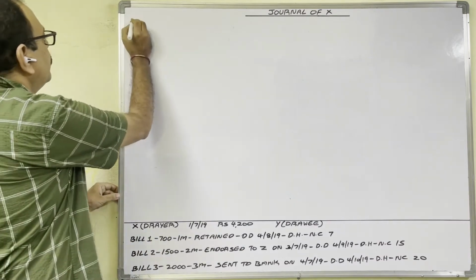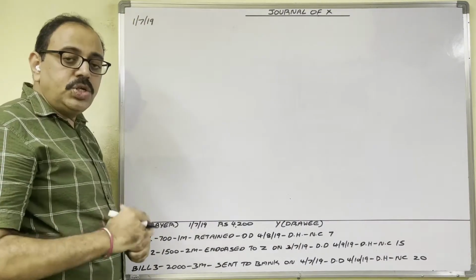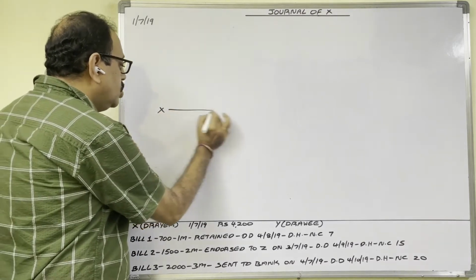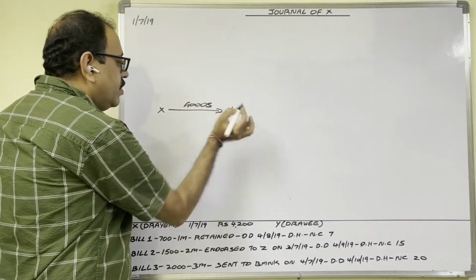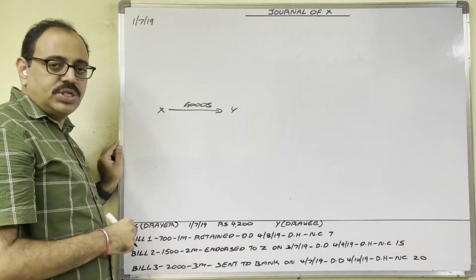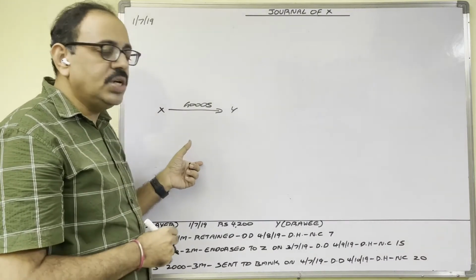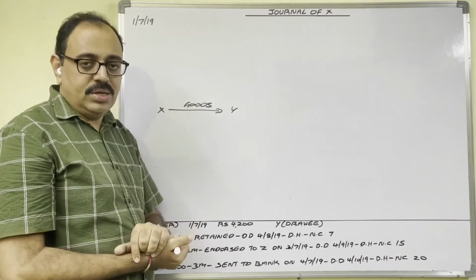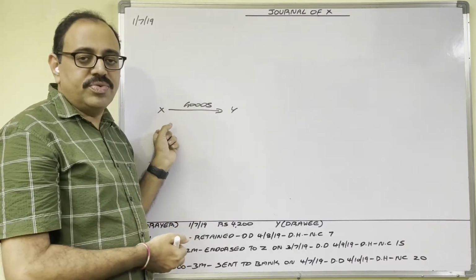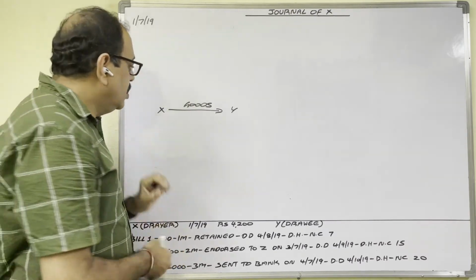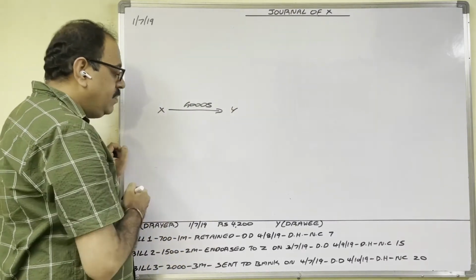For that, the first entry we should write: X sold goods to Y. So from X, goods are going to Y, and this is a credit sale. It need not be given in the question. In bills of exchange, the drawer always sells goods to the drawee on credit only. That is why he needs a proof of return, and that is why he is preparing a bill on the drawee. So no cash is coming.